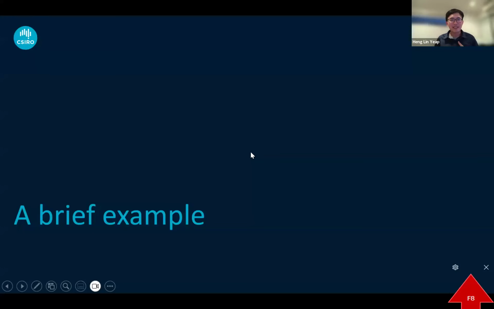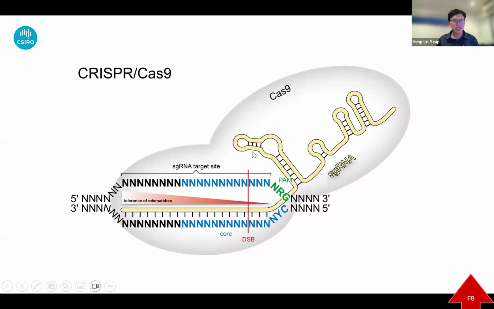I'm going to skim through quickly an example in gene drive. Over the last decade, we have CRISPR, which has revolutionized gene editing through the introduction of Cas9 enzymes and specific RNA sequences, like the one in yellow, that is complementary to a gene region, so that you can achieve double-stranded breaks, which then lead to mutation of the gene of interest.